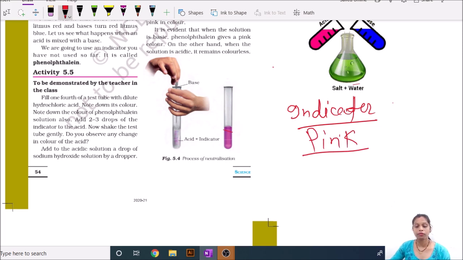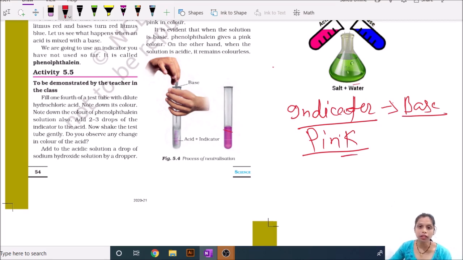What does it show? It shows that whenever phenolphthalein indicator is dropped into a base, its color is converted into a pink color.